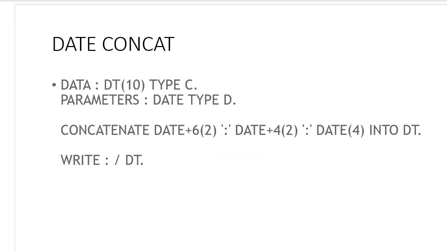This is about concatenation. A lot of developers face this when saving into the table. Many of the time they use mask. Mask is another function. I will create a separate video for masking. So instead of mask, you can do this. You can concatenate the date variable. As you all know, the default date table structure is 4 Y's, 2 M's and 2 D's.